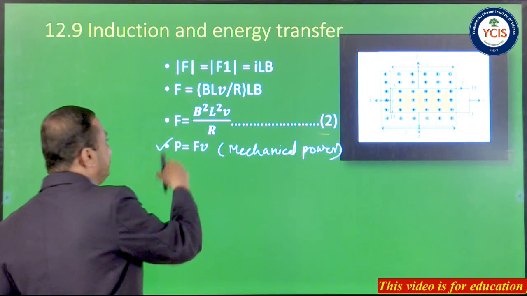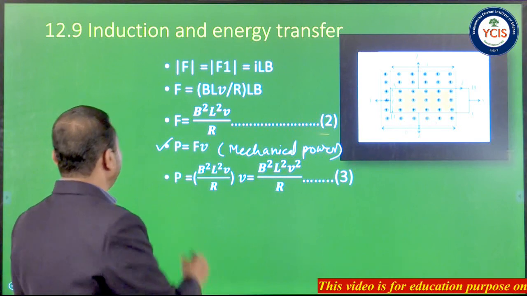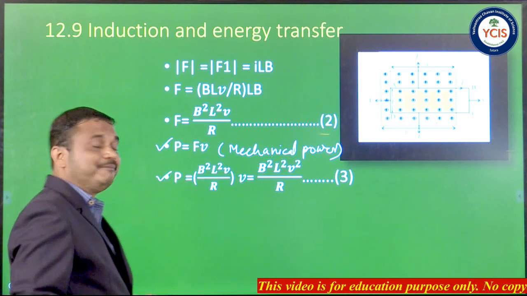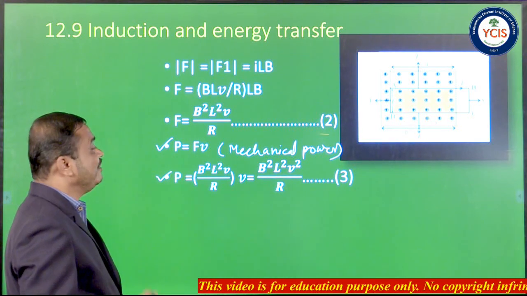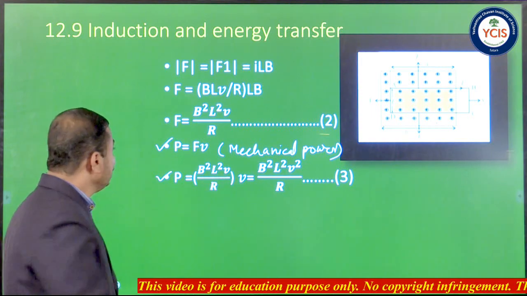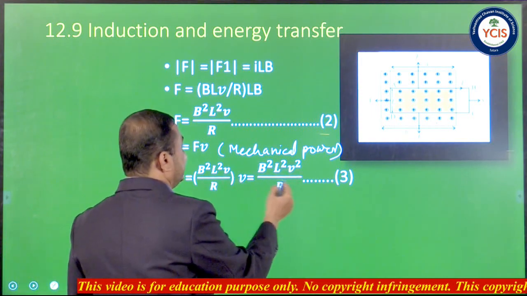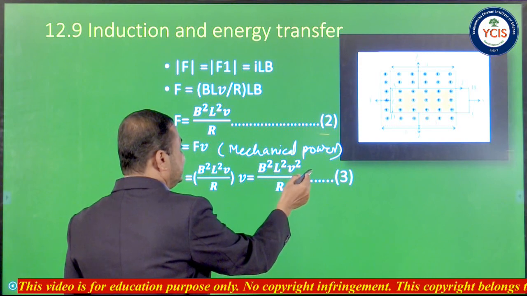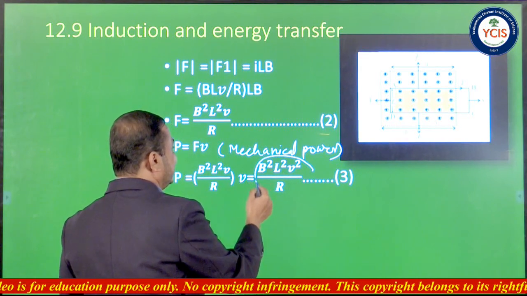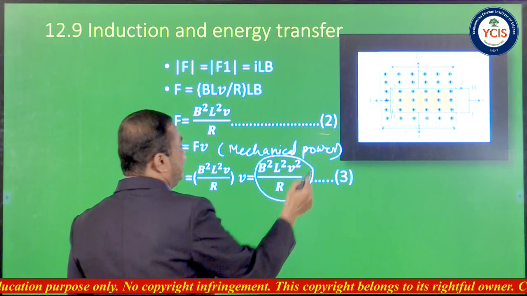Substituting the value of F from equation 2, we get P equals B square L square v upon R into v. So v into v is v square.